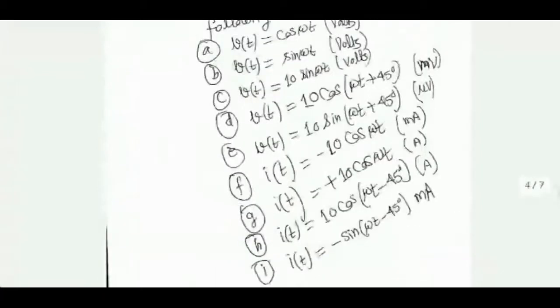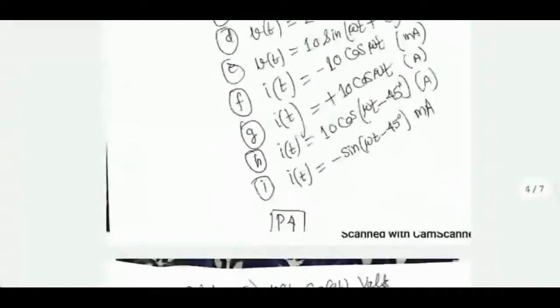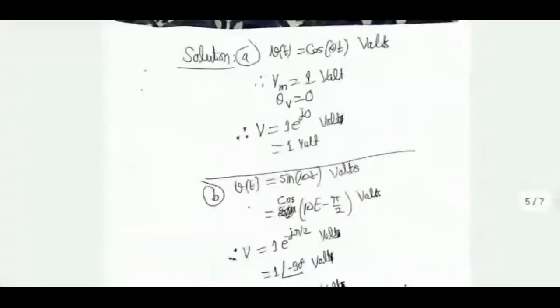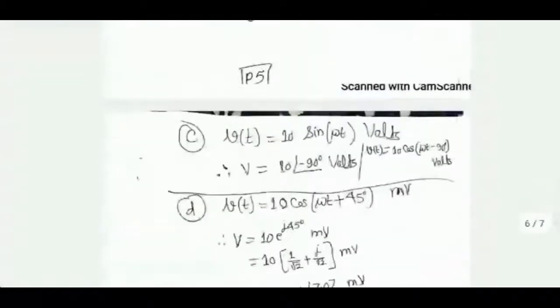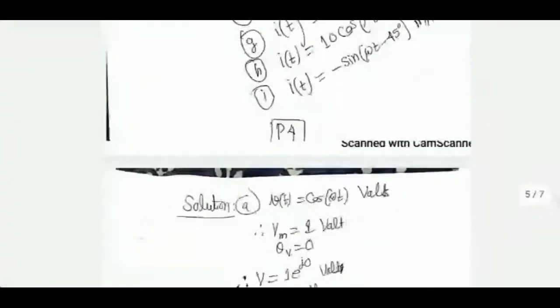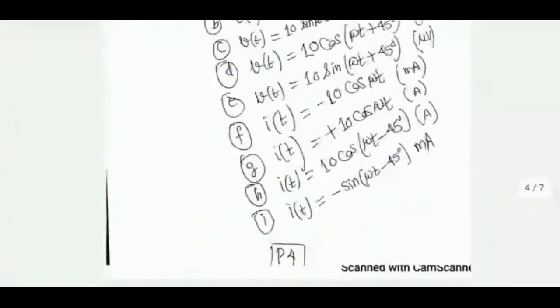In part C, we have an amplitude greater than 1 now. So it's 10 sine omega t volts. Obviously, the answer is 10 with an angle of minus 90 degrees. Part D, 10 cos of omega t plus 45 degrees.